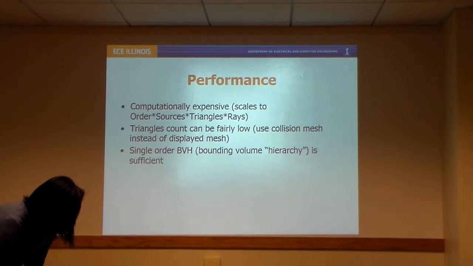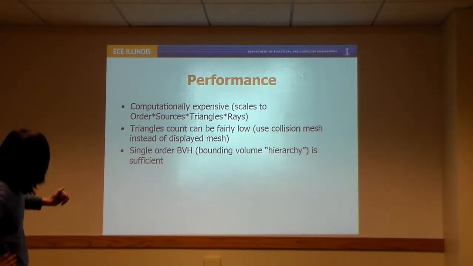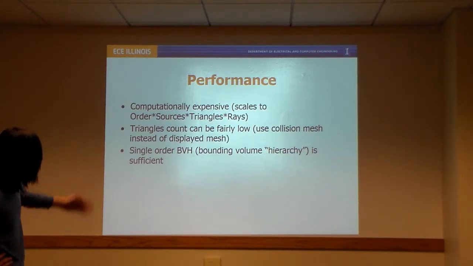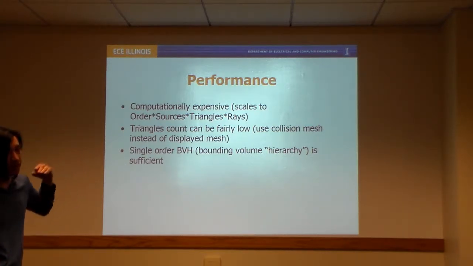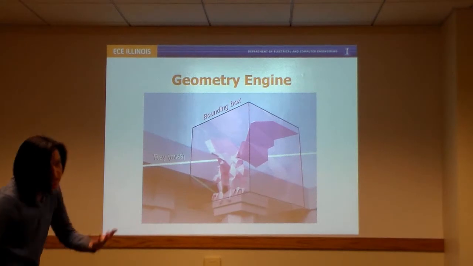Okay, so let's talk a little bit, just quickly here since we're running out of time, about the performance. The performance scales to order times sources times triangles times rays. And we can use a small triangle count, and then we use this BVH, bounding volume hierarchy, to simplify some of the ray tracing.